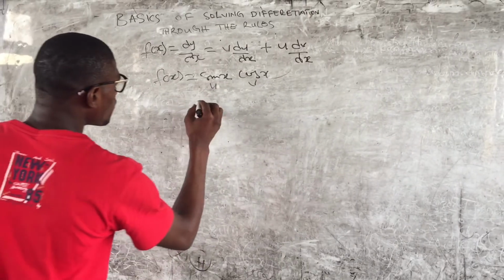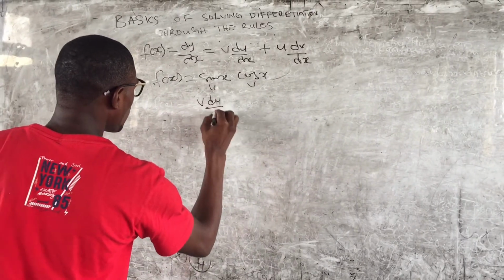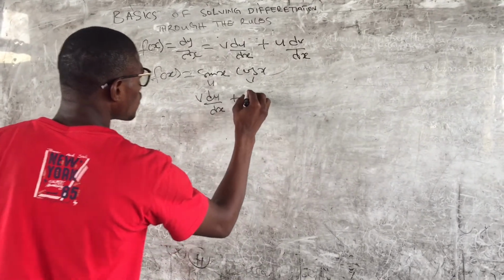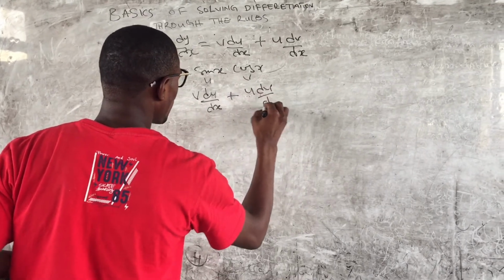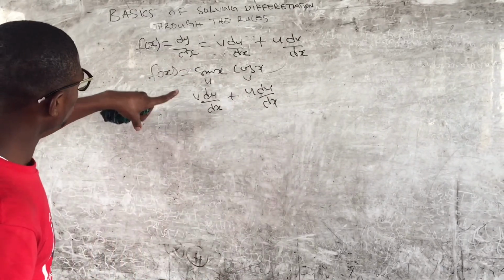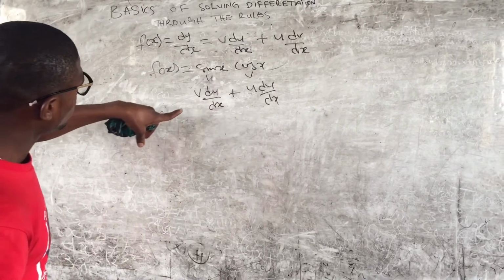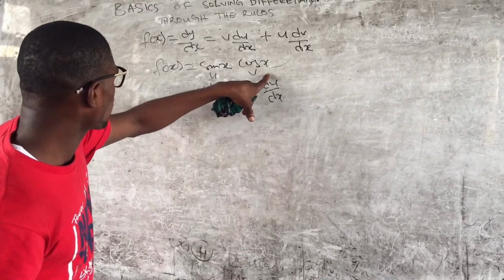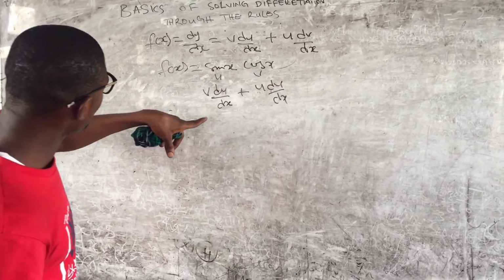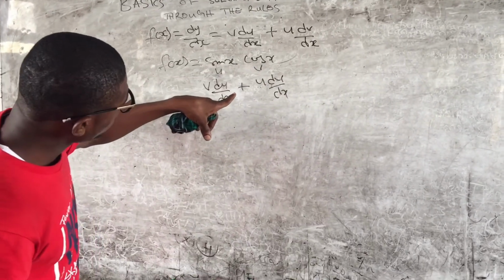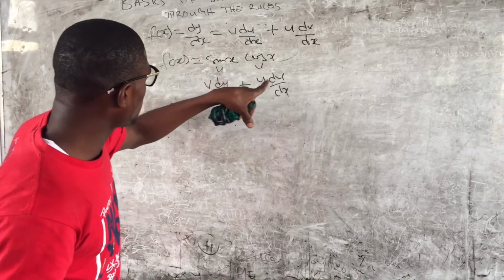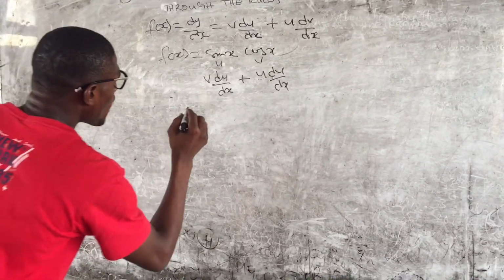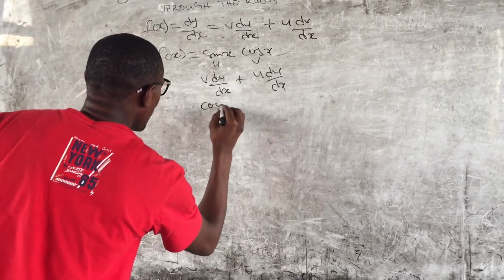So I will now have v du over dx plus u dv over dx. So I'll differentiate sine x, then multiply by cos x, then also I'll multiply sine x times the differential value of cos x.